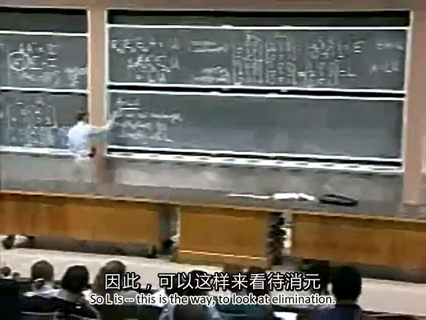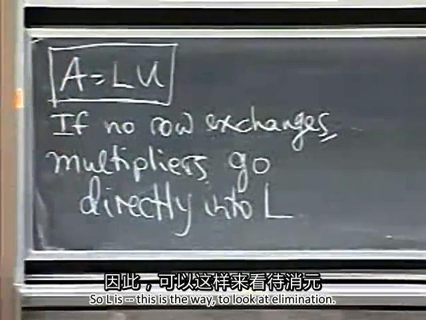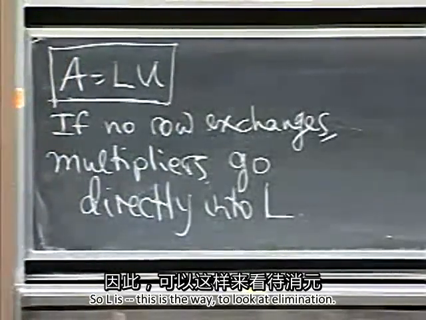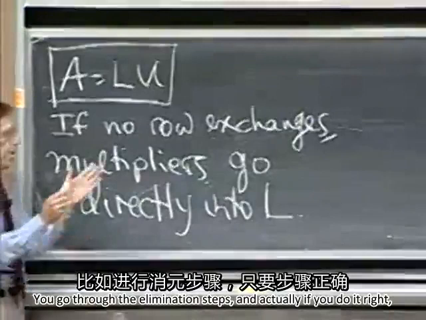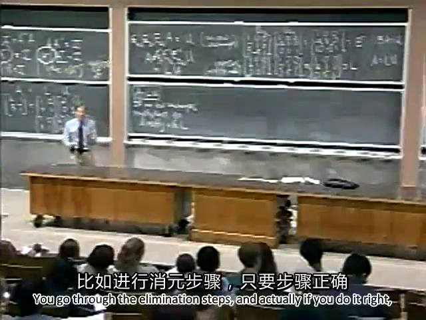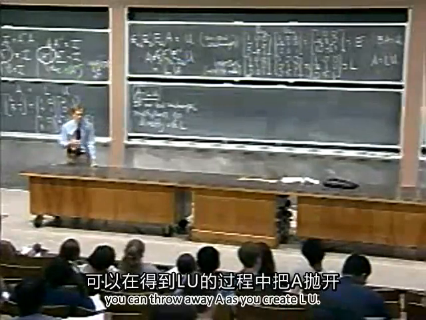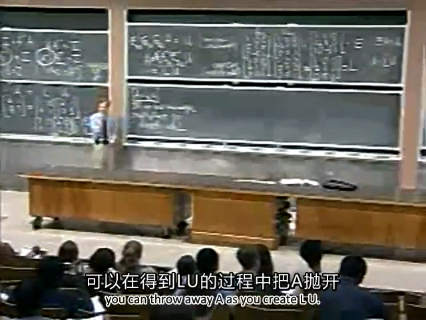So L is, this is the way to look at elimination. That you go through the elimination steps, and actually, if you do it right, you can throw away A as you create L and U.